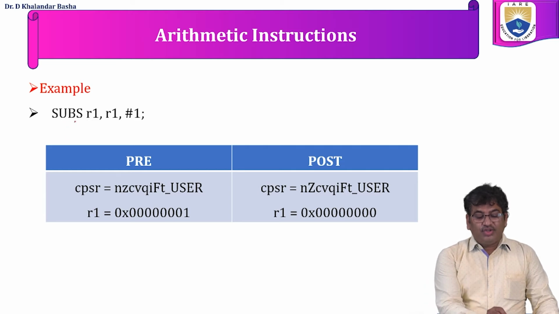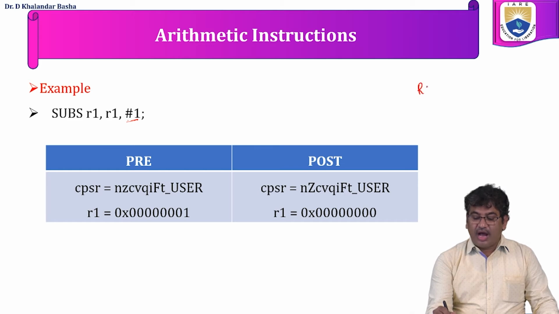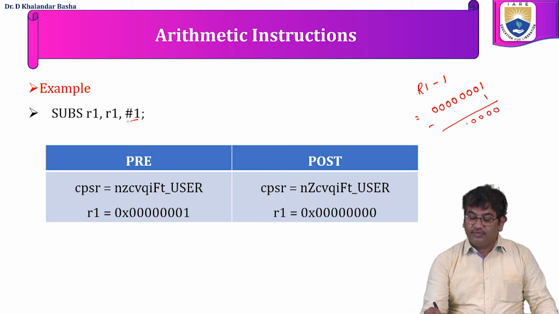Suppose we have SUBS R1, R1, #1. Here the data is immediate, so it will do R1 register minus 1. The R1 register content is 0, 0, 0, 0, 0, 0, 0, 1. Subtracted with 1, we are going to get the output as zeros. As the result is 0, the zero flag will be 1.